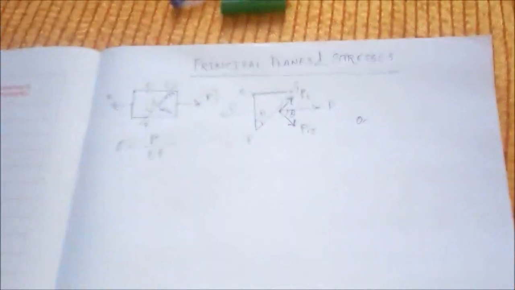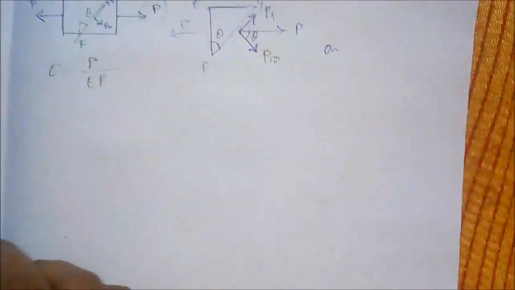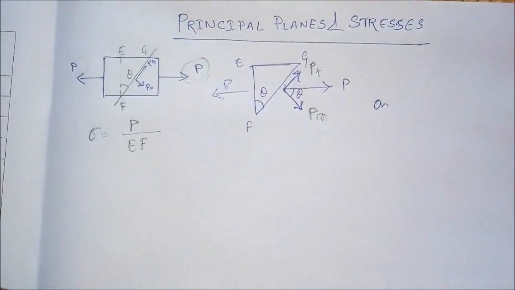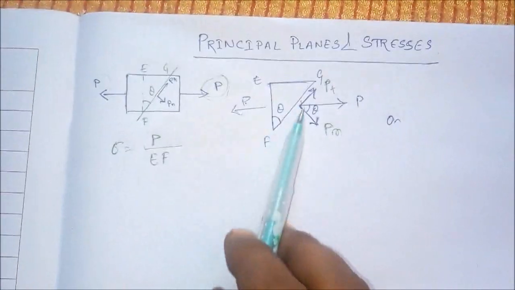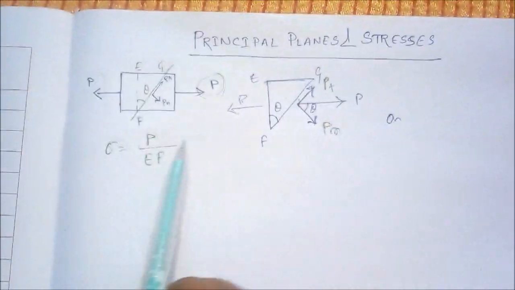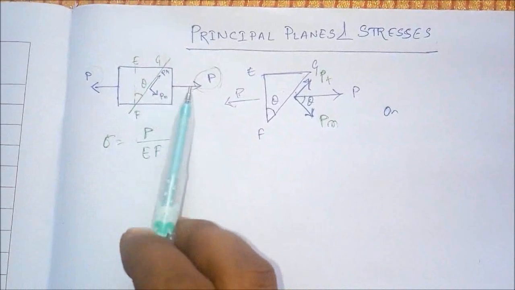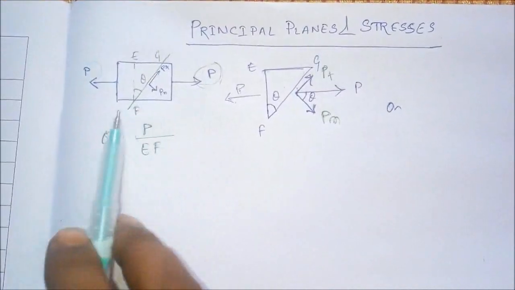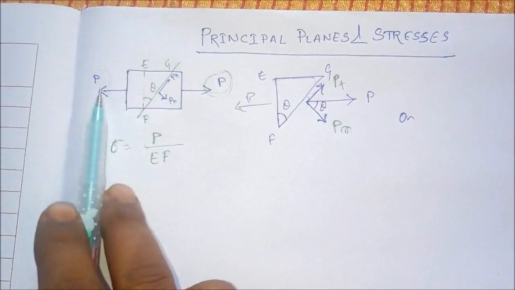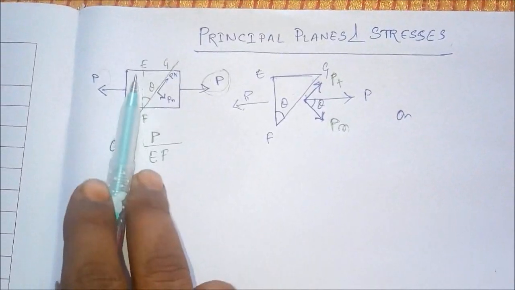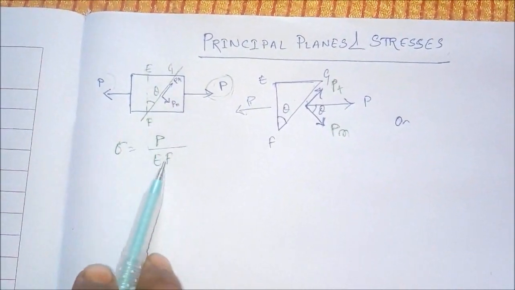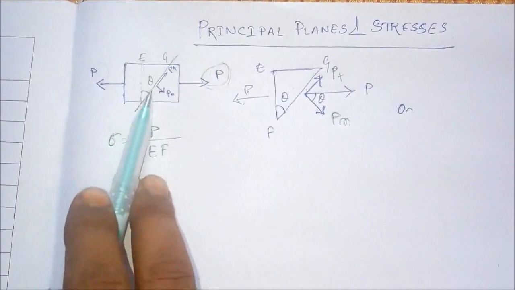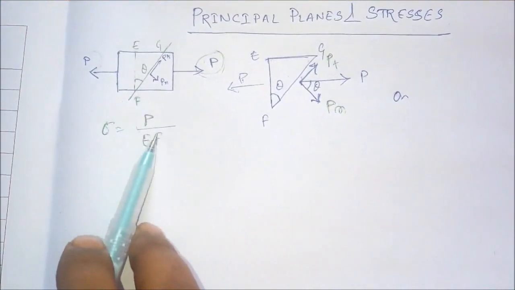So to find out the normal and shear stresses on that particular plane, we can take this triangle EFG. Now when we are applying the force P, the normal stress according to this cross section will be equal to P divided by EF, that means the force divided by area.